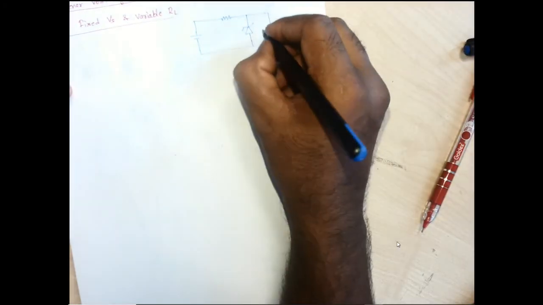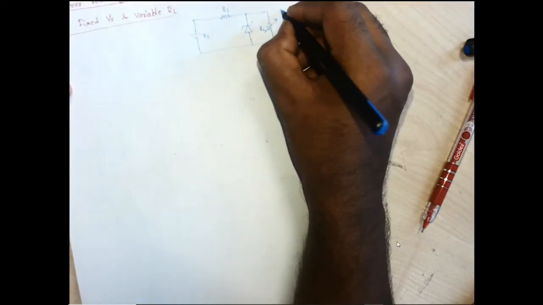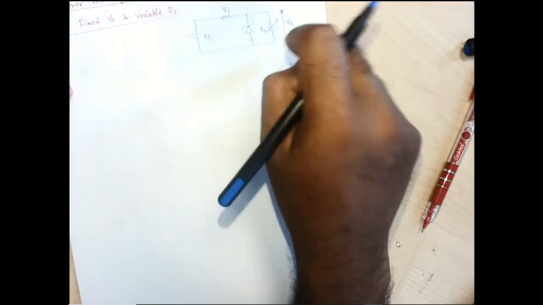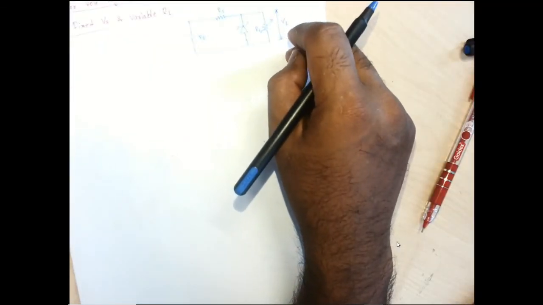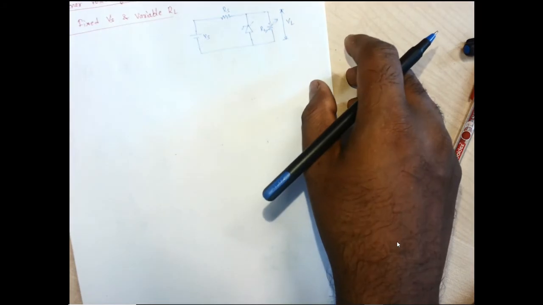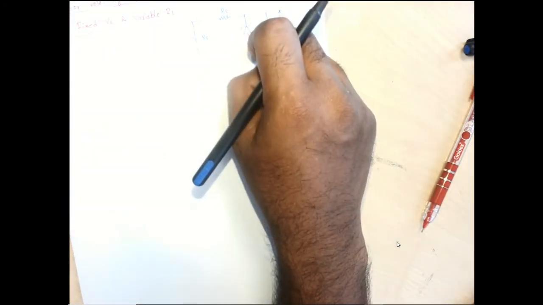This RL is varying. This is our series resistance, this is the supply voltage. So our VL, we need to consider this VL to be fixed, though our load resistance is varying.